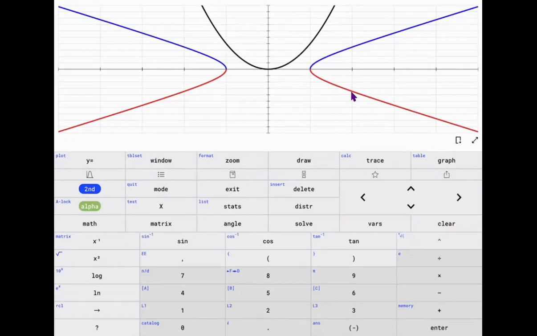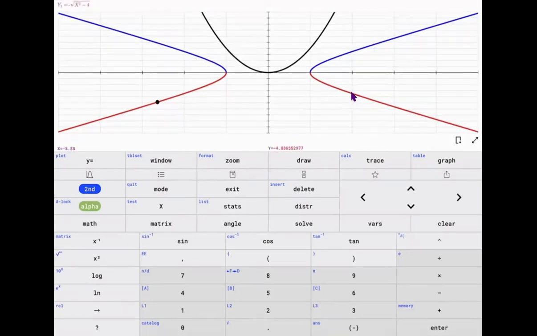The reason you see these ones red and blue is because you had the plus and minus. The red means the minus and the blue is the positive. So you see positive is above the x-axis and the negative is below the x-axis on both sides. And that's the blue and red is the first function.